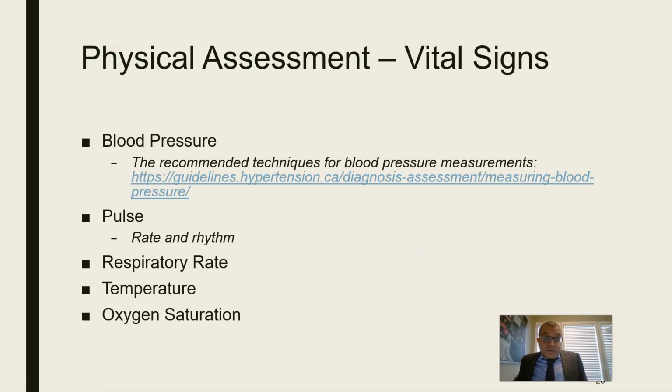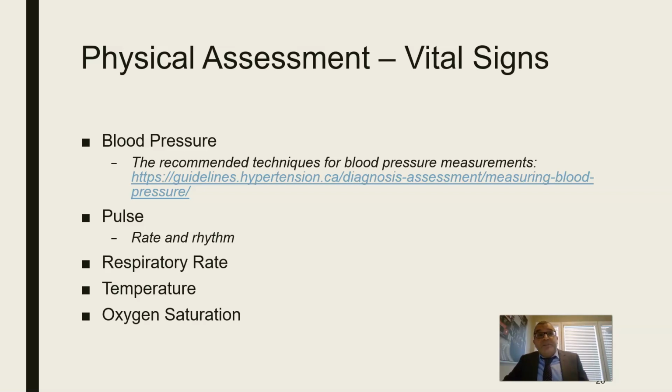One of the easy pieces of physical assessment is doing vital signs. The vital signs include blood pressure, pulse, respiratory rate, temperature, and oxygen saturation. So many pharmacists can do blood pressure measurements, right? You can check the pulse of the patient.